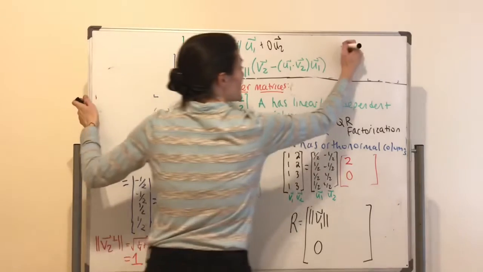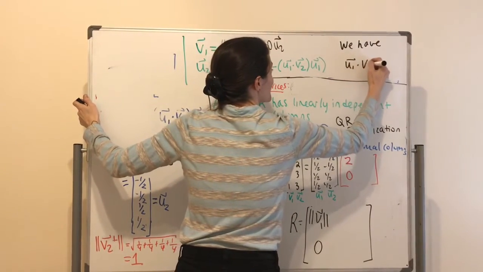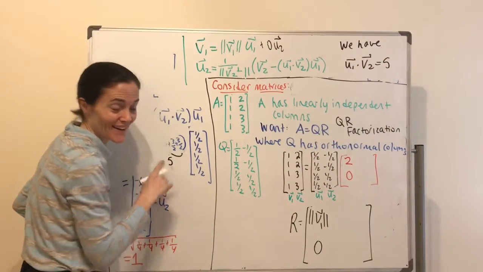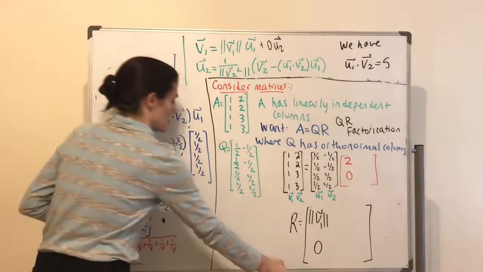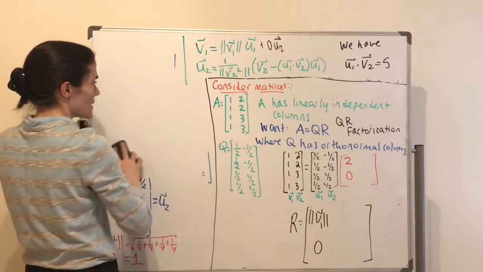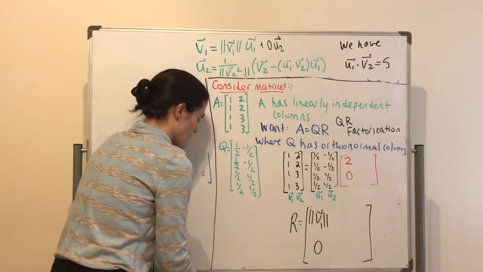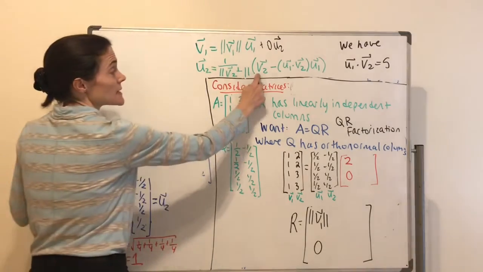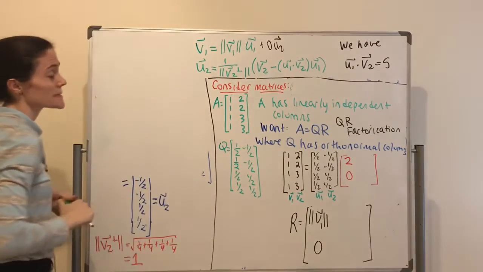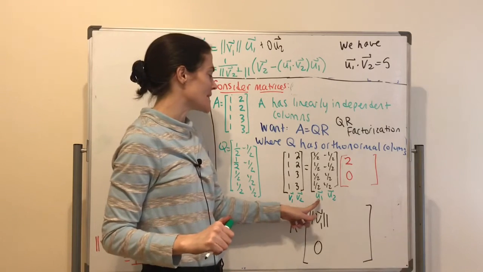In our example, we had U1 dot V2 is 5. It's literally right here. I'm just copying it up there because I'm about to see that formula appear. Then I'll leave that link, that's fine. Okay, here we go. Now let's take this equation right here, second one, solve for V2, because as I mentioned, I want to get V2 as some combination of U1 and U2.